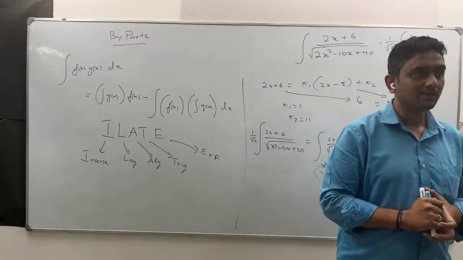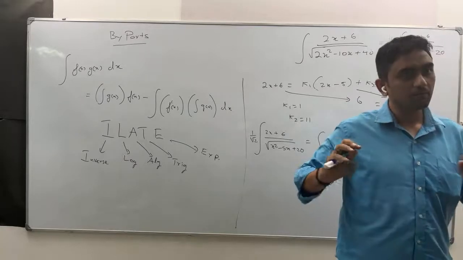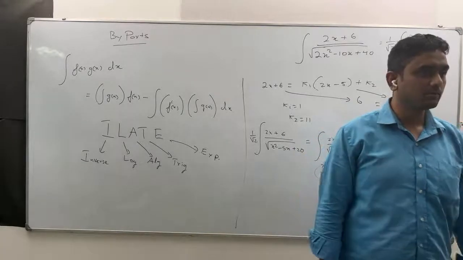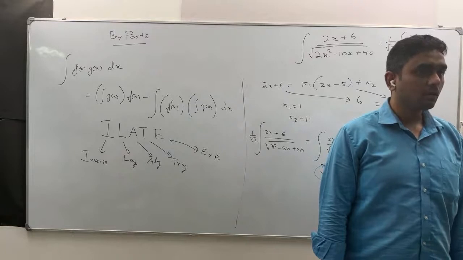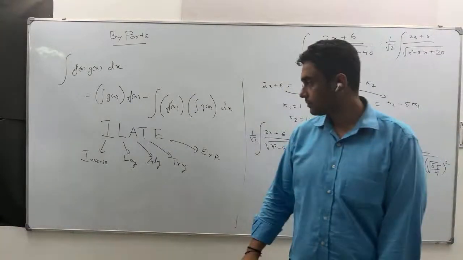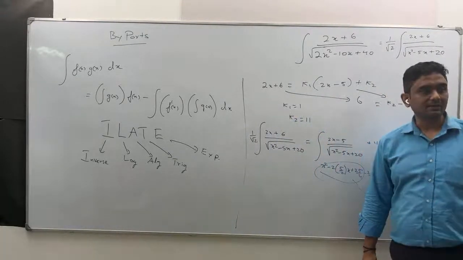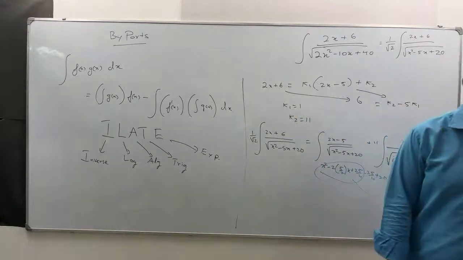Have you heard about this guideline earlier? So this is the guideline. By parts means follow the guideline, you'll always get the answer. Now, what does this signify? I for inverse, L for log, A for algebraic, T for trigonometric, E for exponential.